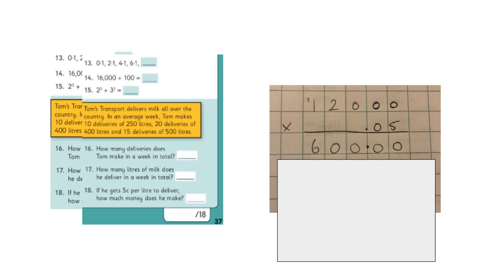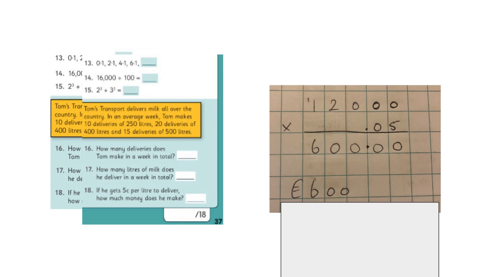If it was 7 cents, it'd be 0.07, because we're talking about money here. So we're multiplying by 0.05. Keep our decimal points underneath each other. 5 by 0, 0, 5 by 2 is 10, and 5 by 1 is 5, and 1 is 6. So in this case, he would make €600.